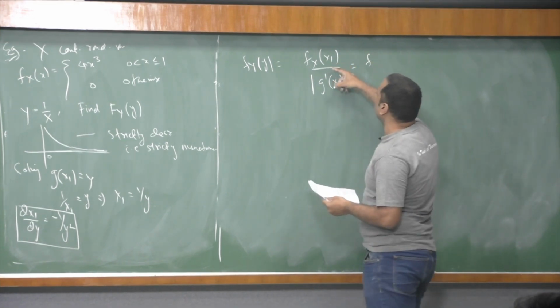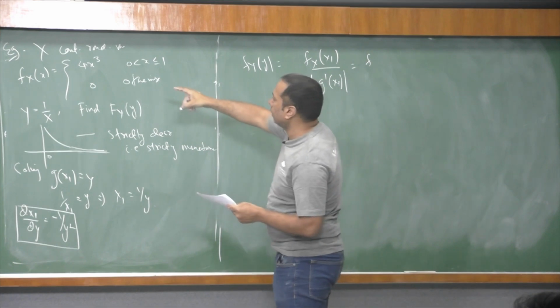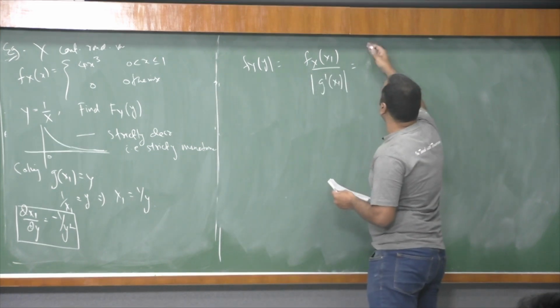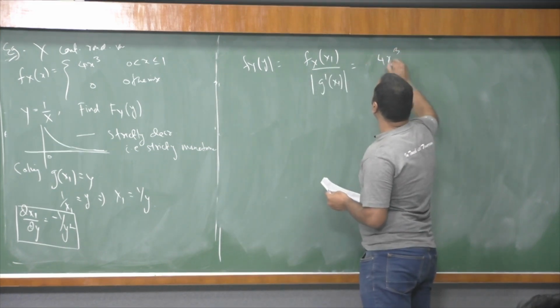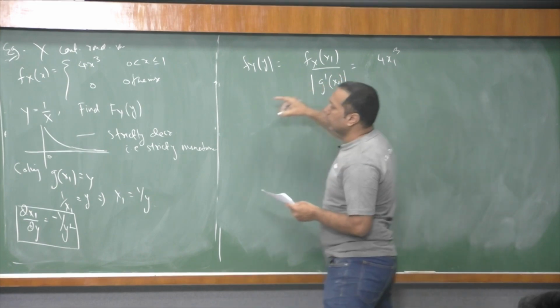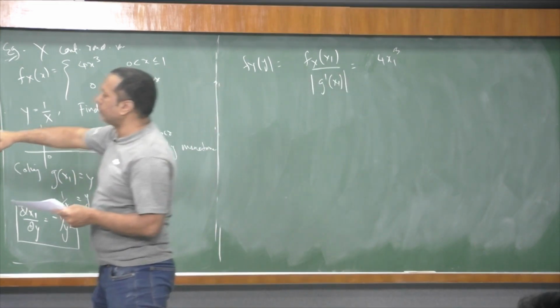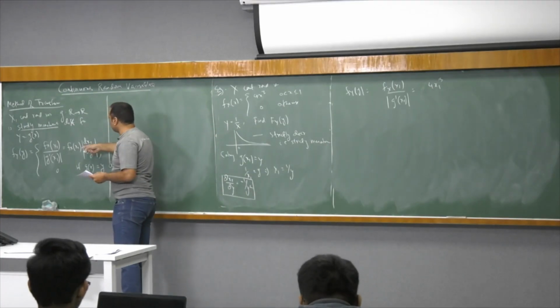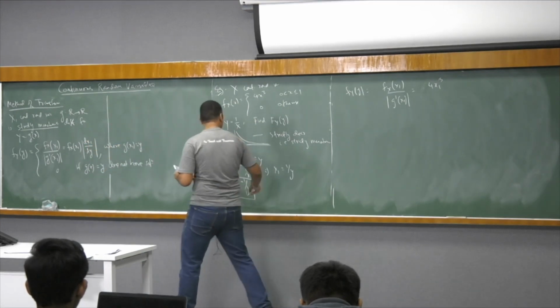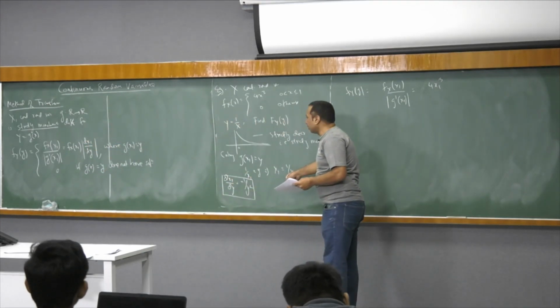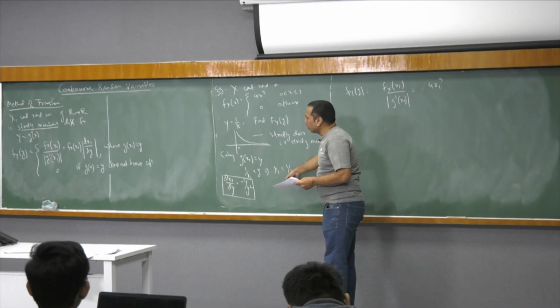So fX of x1 is 4 x1 cubed. I could use the first form or the second one, it doesn't matter, both are the same. So dx1 by dy is minus 1 by y squared, but I have to keep the mod.